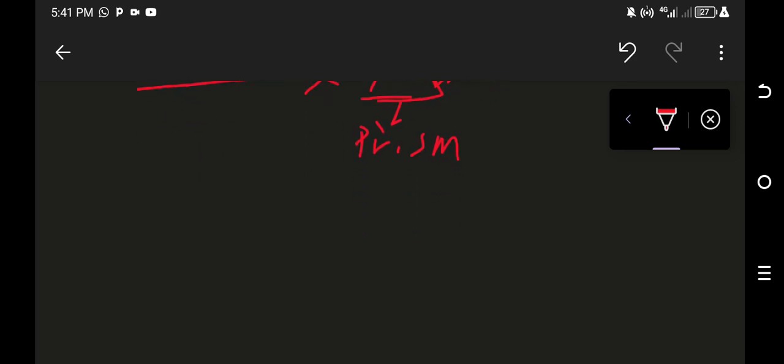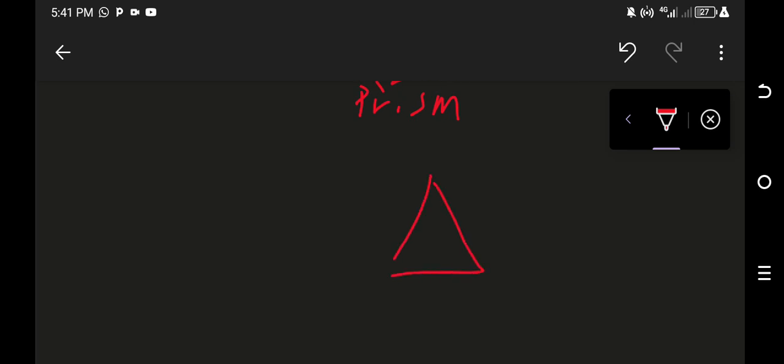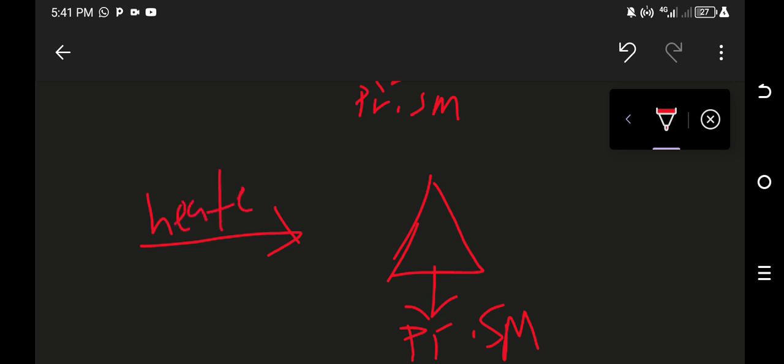Now, what is a line spectrum? You have a prism, for example. A line spectrum deals with heated gases. Let's say you have heated gas here.